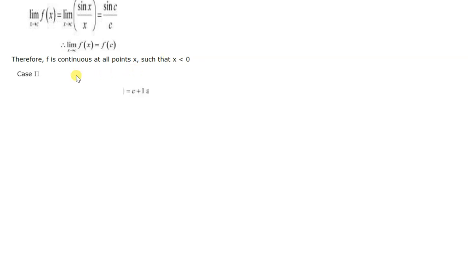Now let us take positive real numbers. Let c be any positive real number, that is c greater than 0. Then for positive real numbers, f(x) is defined as x plus 1. So f(c) will be equal to c plus 1, and the limit of f(x) as x approaches c will be the limit as x approaches c, where f(x) is replaced by x plus 1.